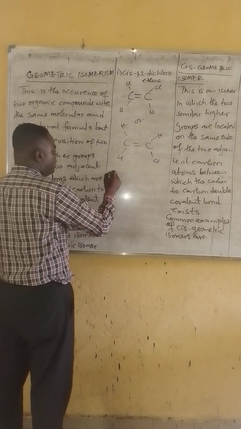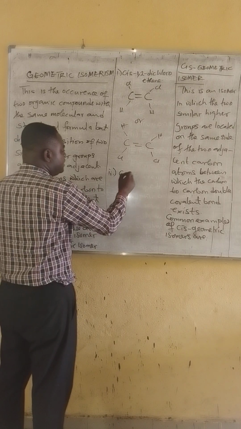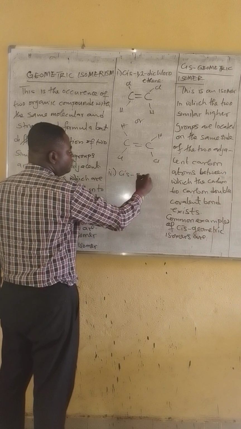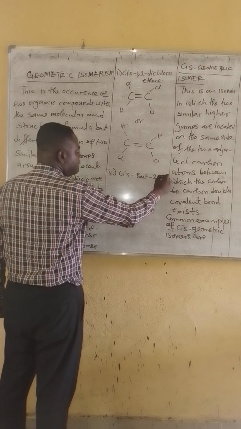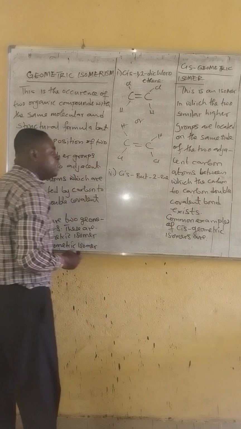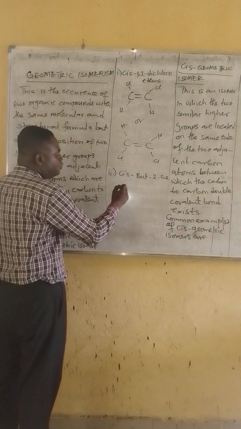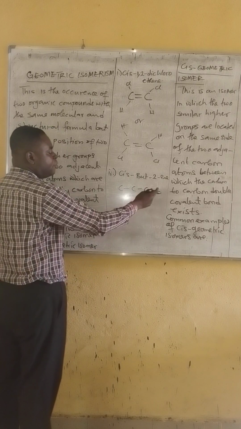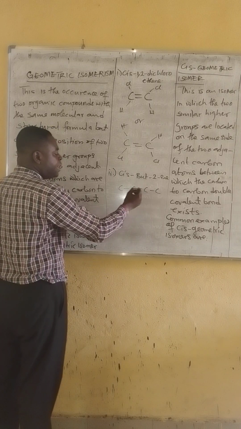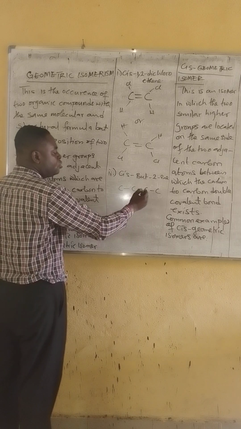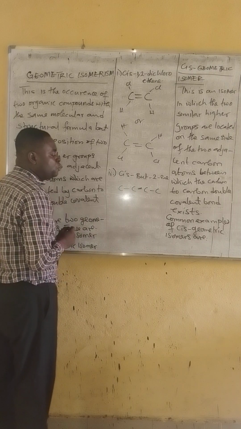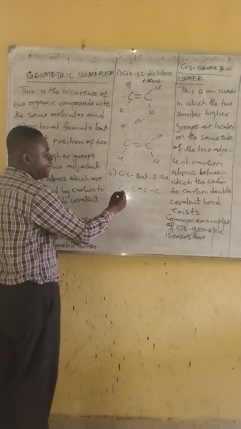Another example is cis-but-2-ene. If you are to write but-2-ene in the first place, but has 4 carbon atoms. This is carbon number 1, carbon number 2, carbon number 3, carbon number 4. So the double bond must be between carbon number 2 and 3. That's what makes it but-2-ene. Then supply your hydrogen.